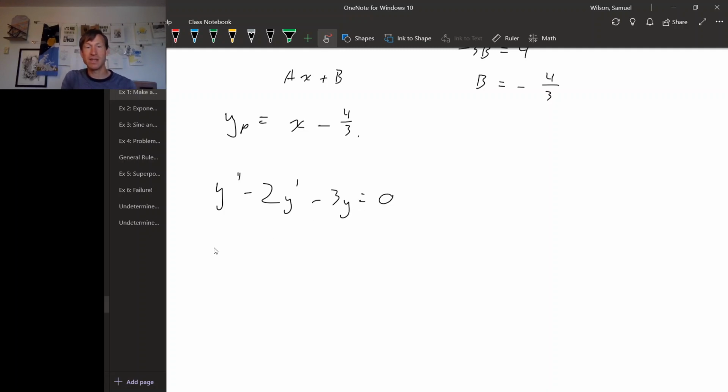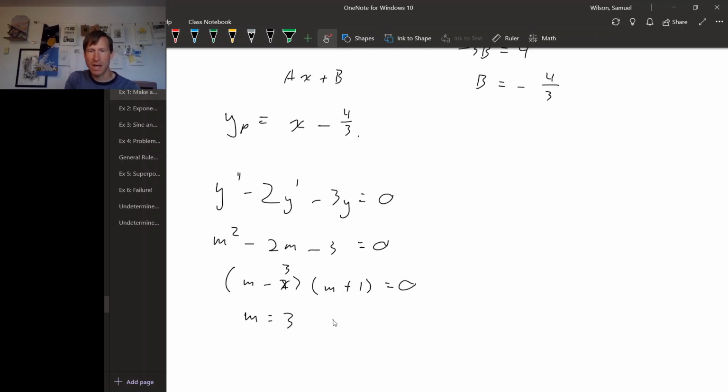Okay, now we can write the characteristic equation, which is m squared minus 2m minus 3 equals 0. So, solve this. So this one factors. This is m minus 3 times m plus 1. And so m can be 3 and minus 1.